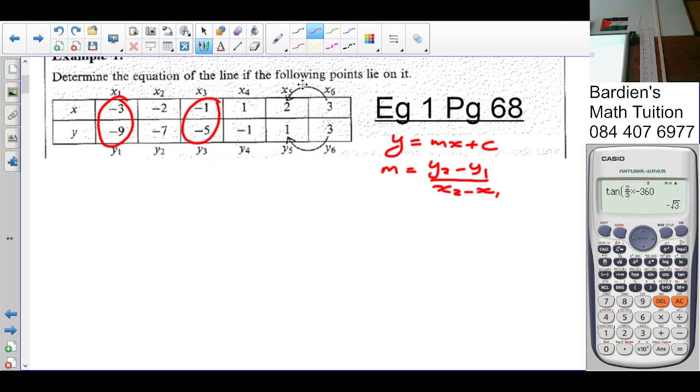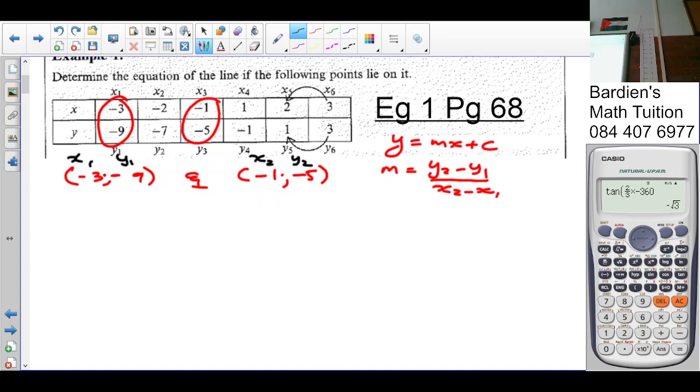So we always start off with the equation of the gradient. Let's say we're going with minus 3 and minus 9, and minus 1 and minus 5. If I make this x1, this will be y1. If you make this x2, then this would be y2.